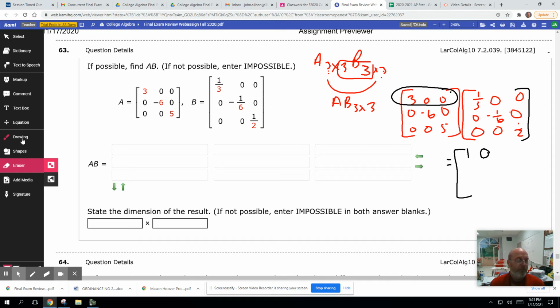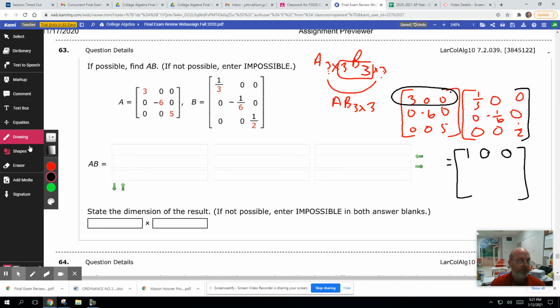Next, we're going to do the first row times the third column. And we get 3 times 0 equals 0, plus 0 times 0 equals 0, plus 0 times 1/2 equals 0. So again, this entry is going to be 0.